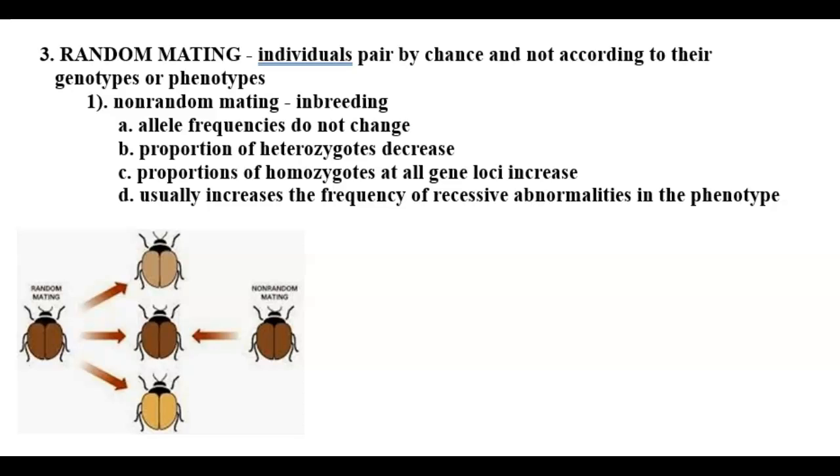It usually is going to increase the frequency of recessive abnormalities because recessive alleles that are lethal or mutations, if they're by themselves, they're okay, but with inbreeding, there's a much, much greater chance that they're going to meet up with another recessive allele and produce a homozygote with those two recessive lethal abnormalities, whatever they are.